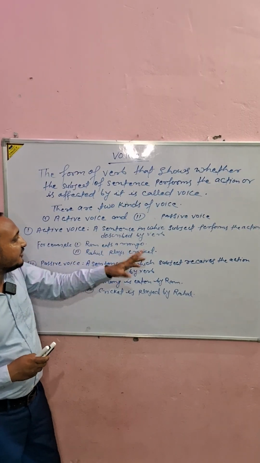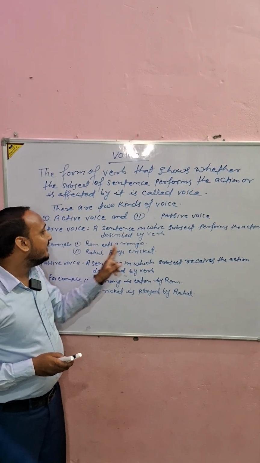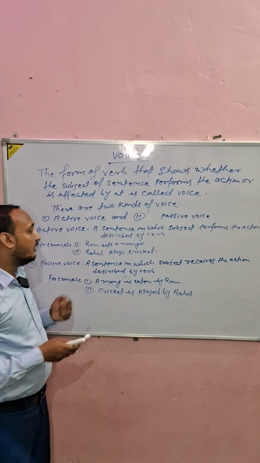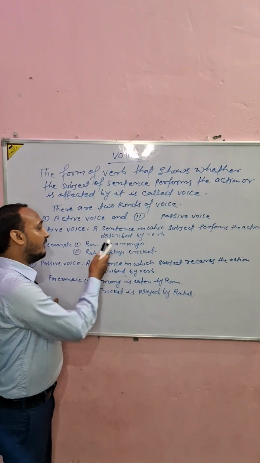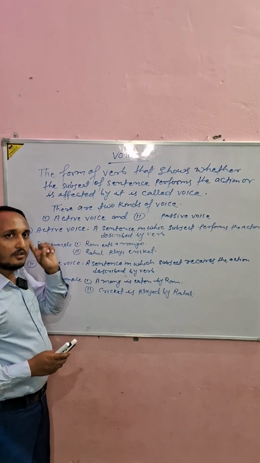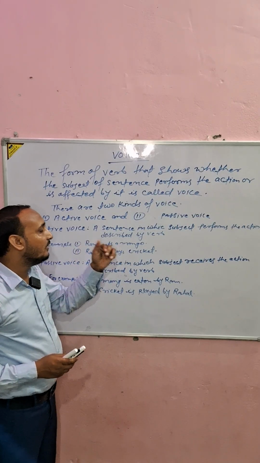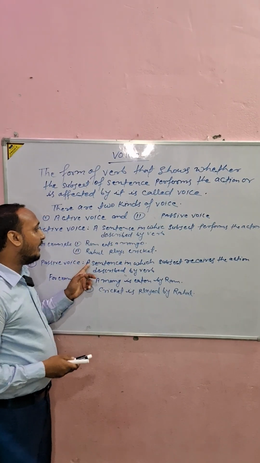For example, Ram eats a mango. In this sentence, Ram is the subject and Ram is the doer, because Ram is performing the action of eating a mango. So this sentence is in active voice because Ram is the doer.